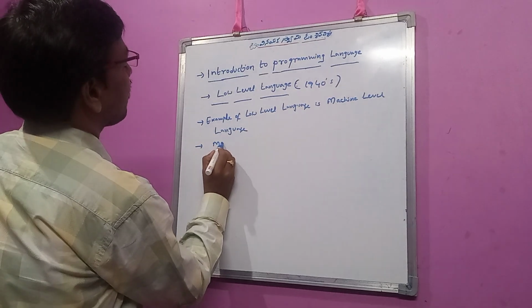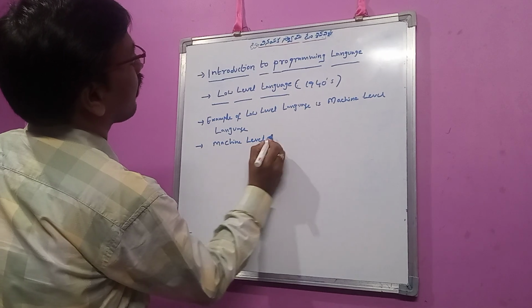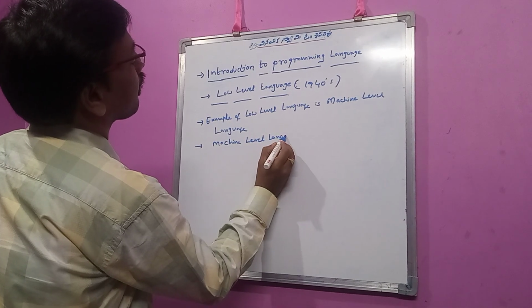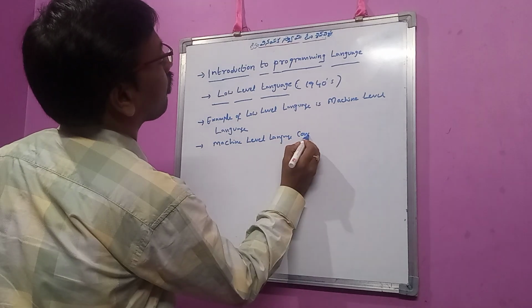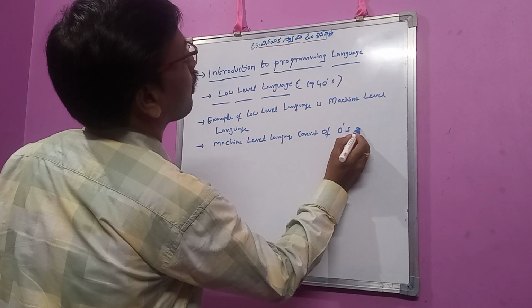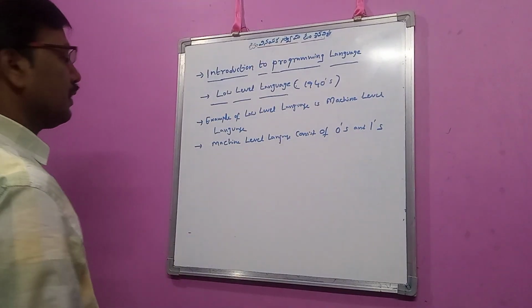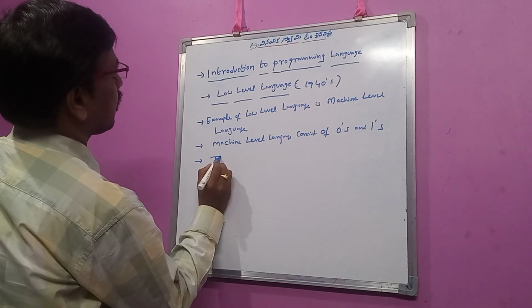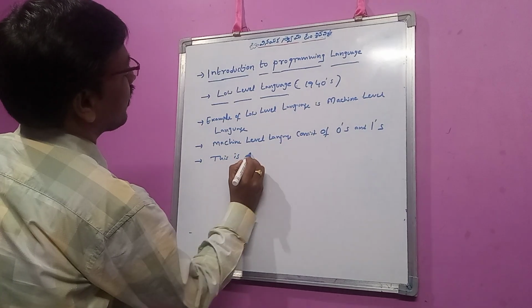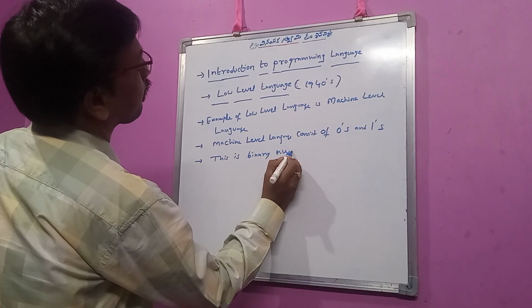Low level language was introduced in the 1940s. Machine level language consists of zeros and ones. This is binary number.